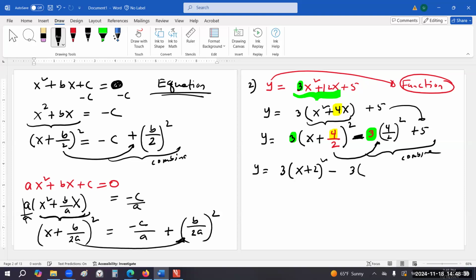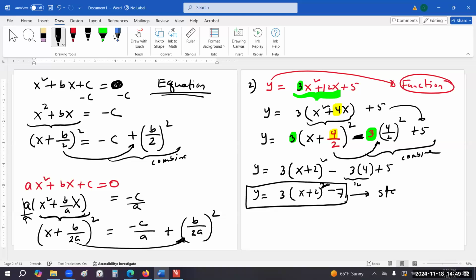And then we have 3 times 2 squared, which is 12, minus 5, so 12 minus 5 is 7. That's the standard form of a parabola.